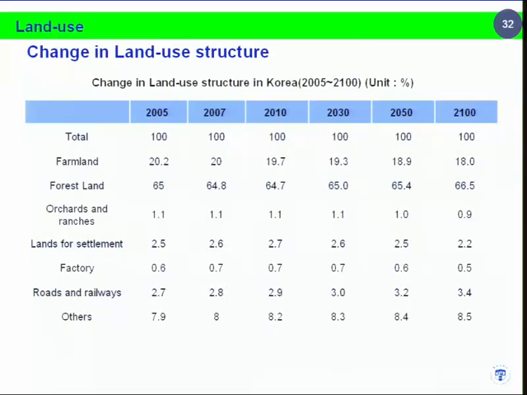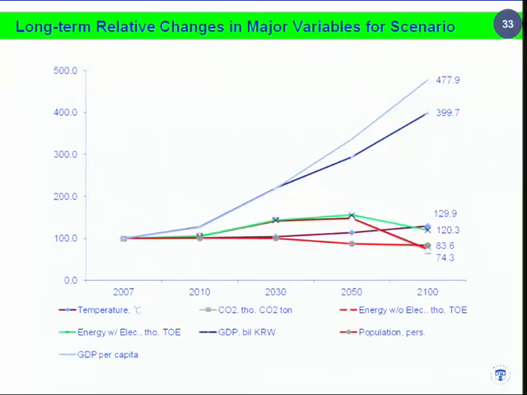Forest is slightly going down for the first couple of decades, and then it will increase in the future because of afforestation, a decrease in population, and a change in industrial structure, rather toward service industries, which will affect this trend. Anyway, there are a lot of things to talk about, but I have to wrap up my presentation. This is the simple, however basic, idea of what we look at for the future, climate change related factors in Korea.